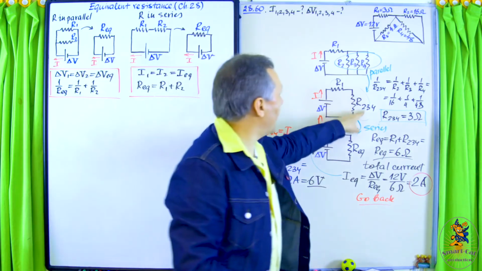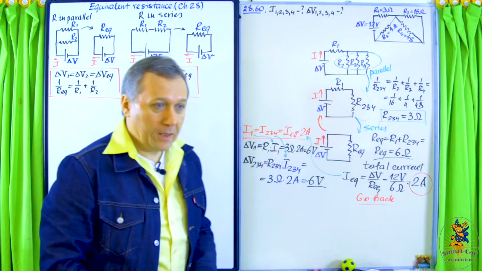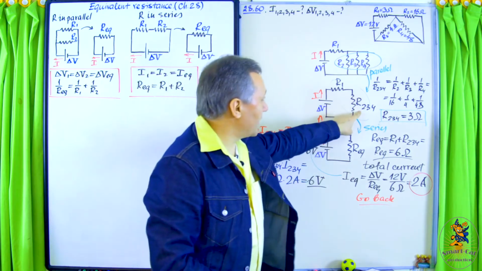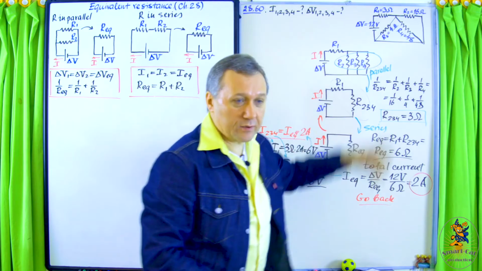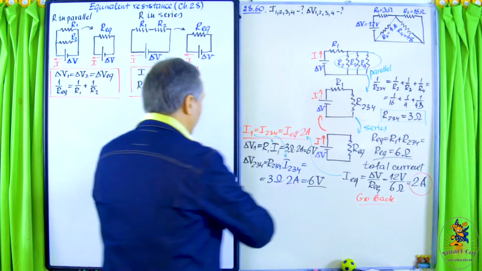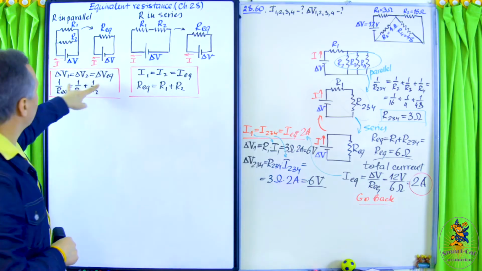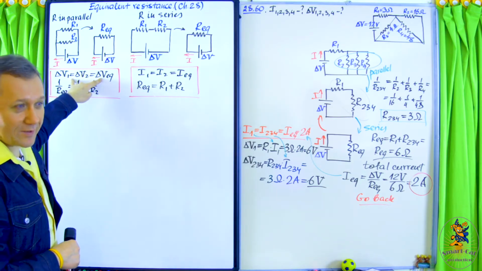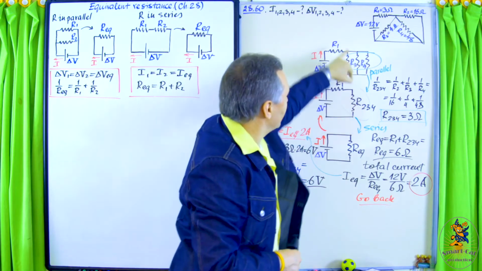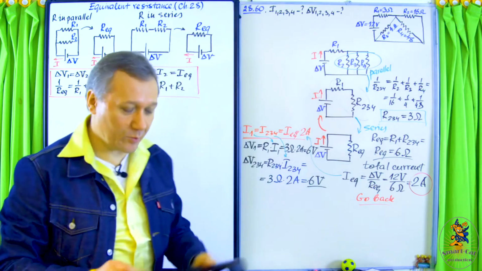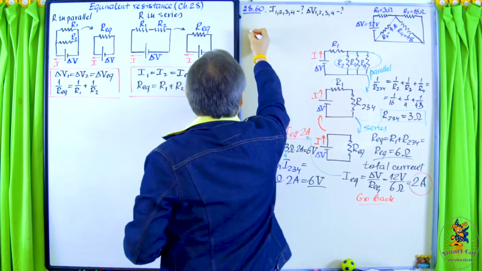Now we need to go back to the first circuit, because inside of this R2,3,4 we have those three resistors connected in parallel, so we need to use this bridge: the potential difference across this resistor must be equal to the potential difference across those three resistors. Let me write that down.